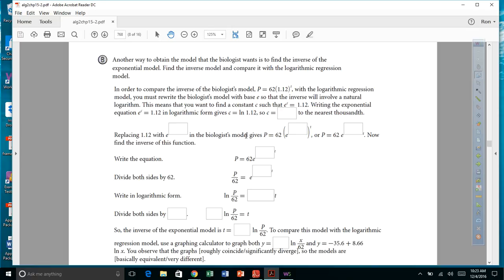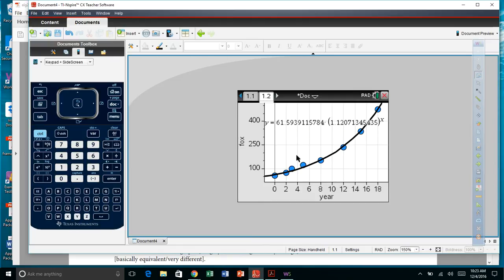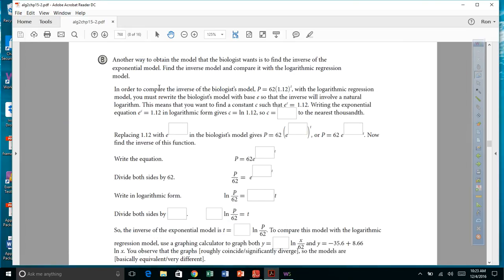Okay. Another way to obtain the model that the biologist wants is to find the inverse of the exponential model. Find the inverse model and compare it with the logarithmic regression model. Okay. In order to compare the inverse of the biologist model, P equals 62 times 1.12 to the t. And you can see, if you go back here and look, 62 did a little rounding, okay?